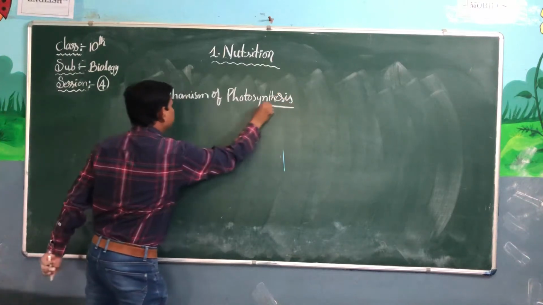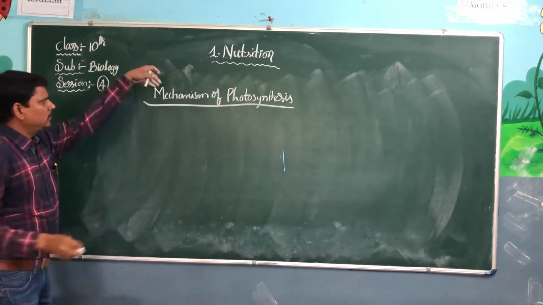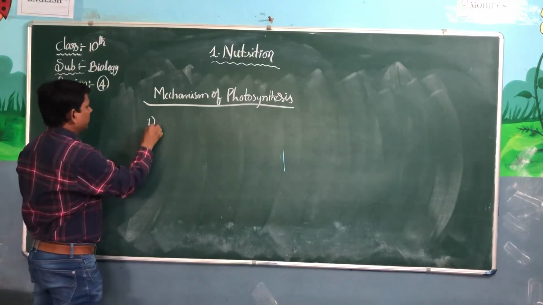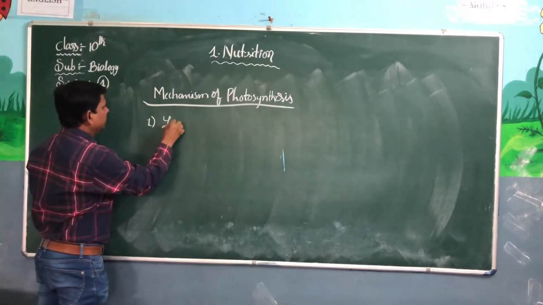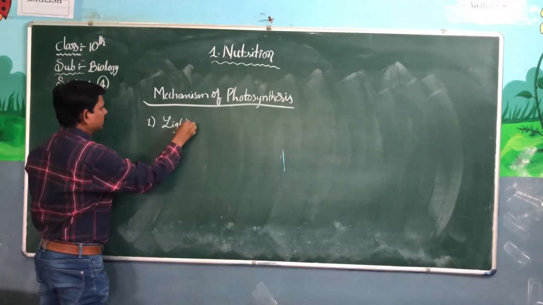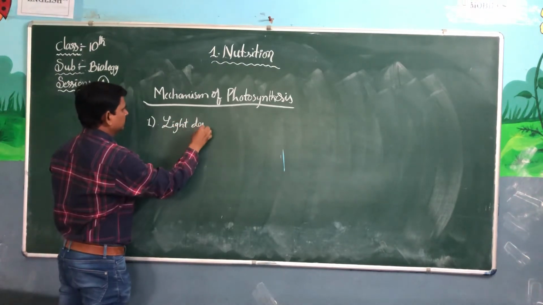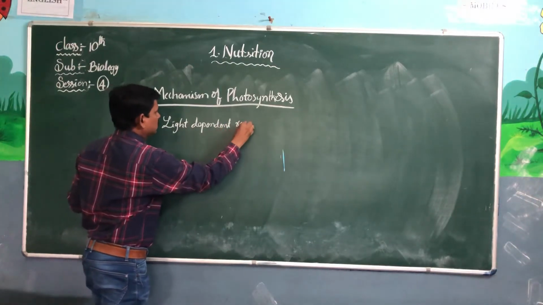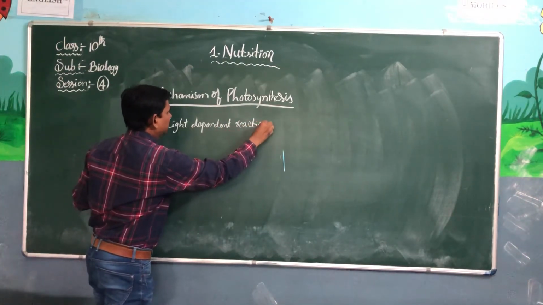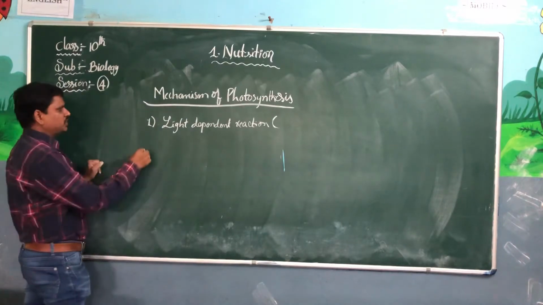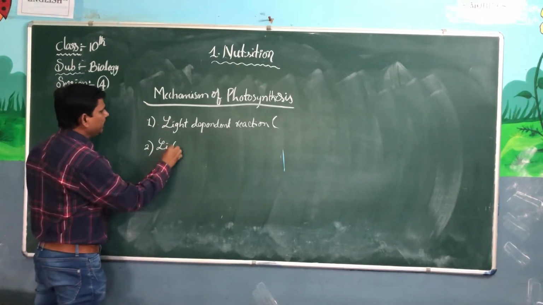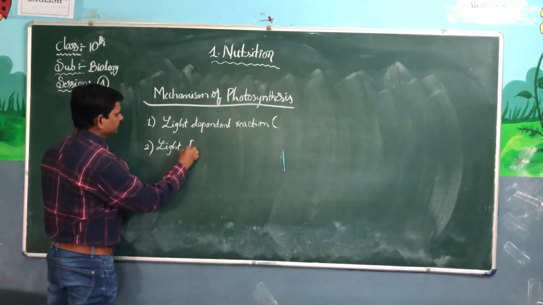This mechanism of photosynthesis happens in two stages or two reactions. One is light dependent reaction. The second one is light independent reaction.